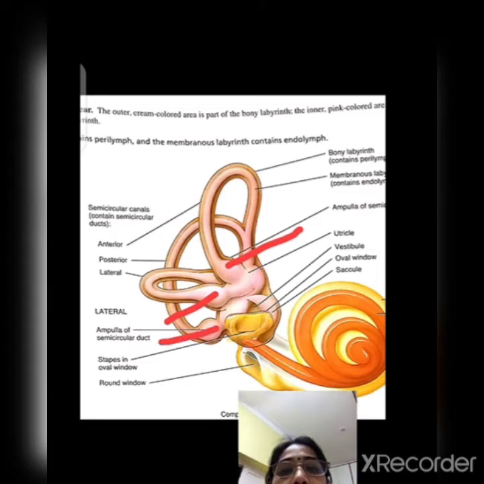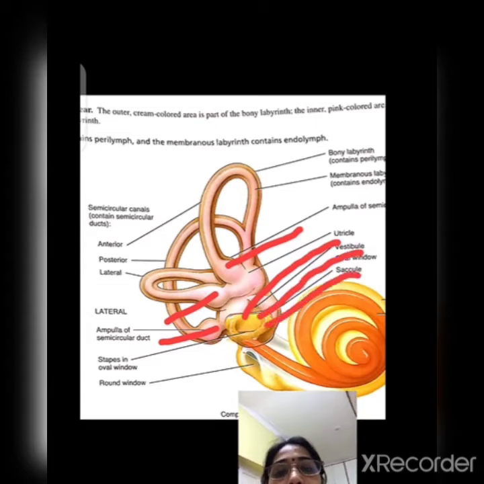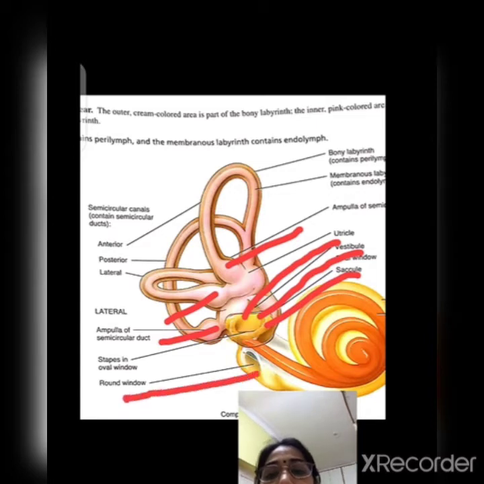Okay. Then there is the vestibule. Here is the vestibule, and the oval window. This is the oval window and the saccule. Okay, this is the saccule. Now, the ampulla, the round window here. Stapes in the oval window.